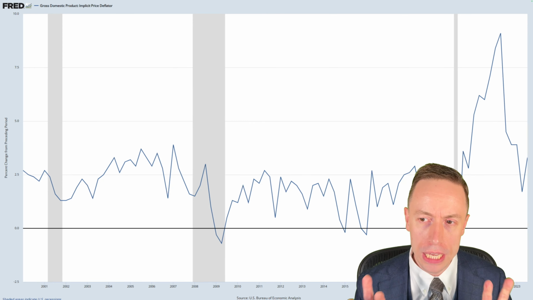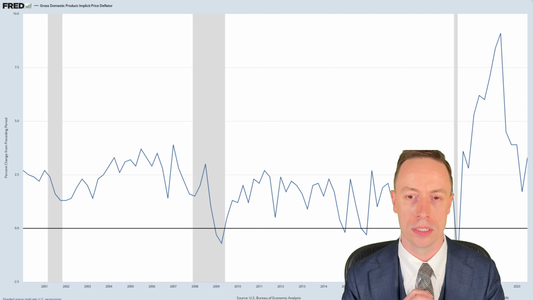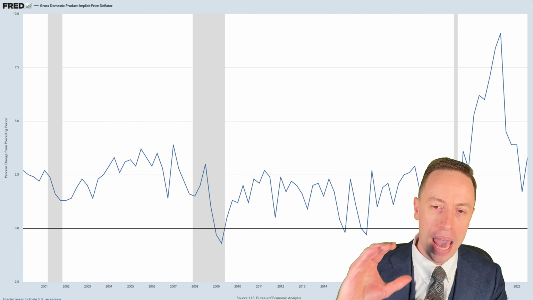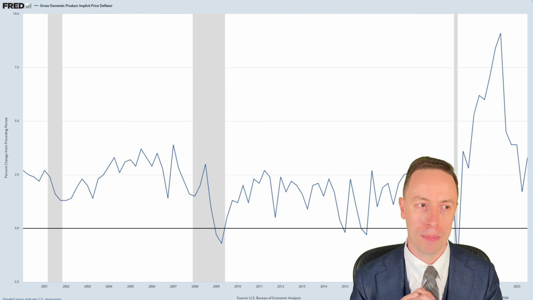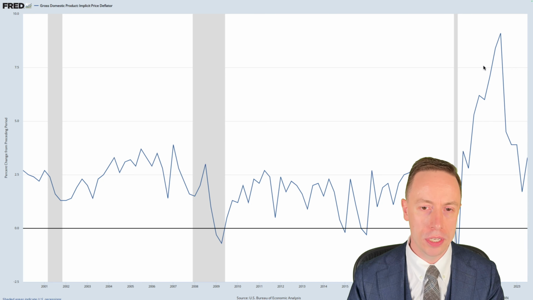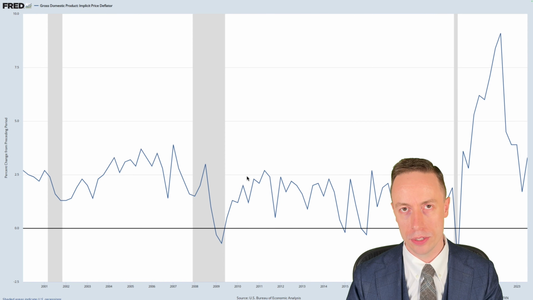But hopefully you can see a certain pattern here, a band within which we hopefully have the inflation numbers come in. Most of the time, they fall between 0 and 2.5%.